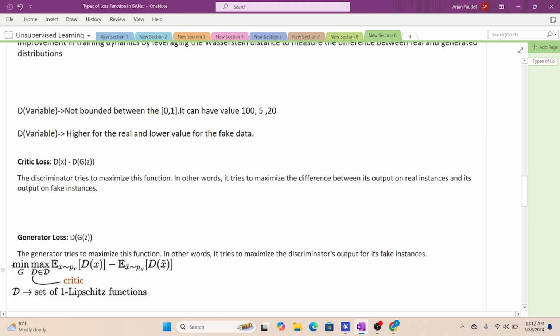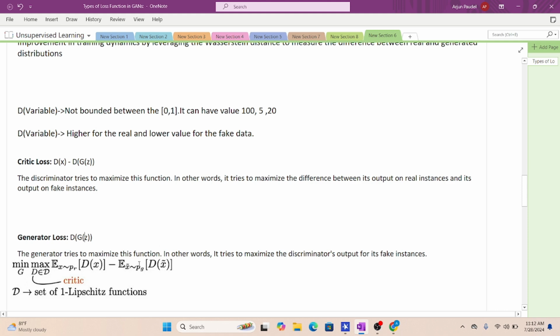The generator wants to minimize this, but the discriminator wants to maximize this, isn't it? Why does the generator want to minimize this? Here you can see that this is maximizing, and here it is minimizing. We are maximizing this, but we are minimizing this difference.